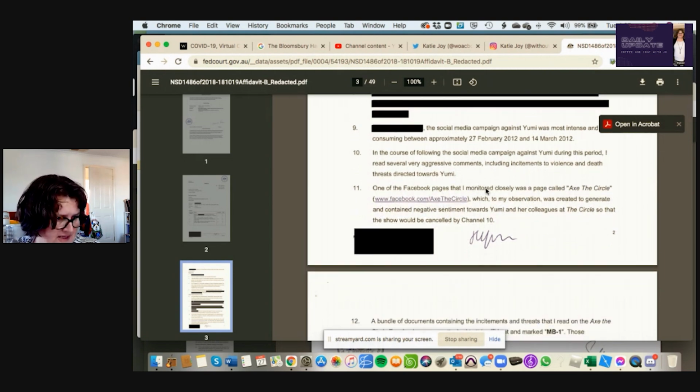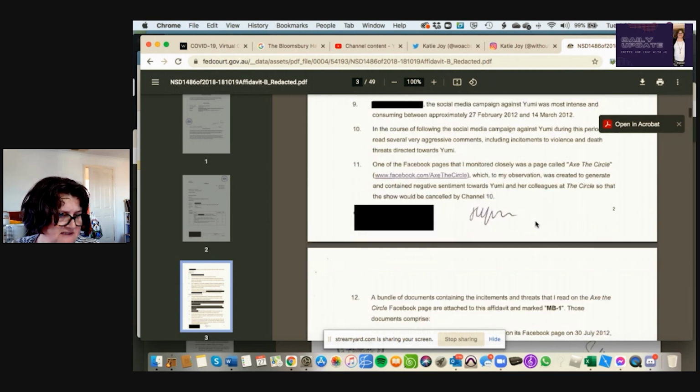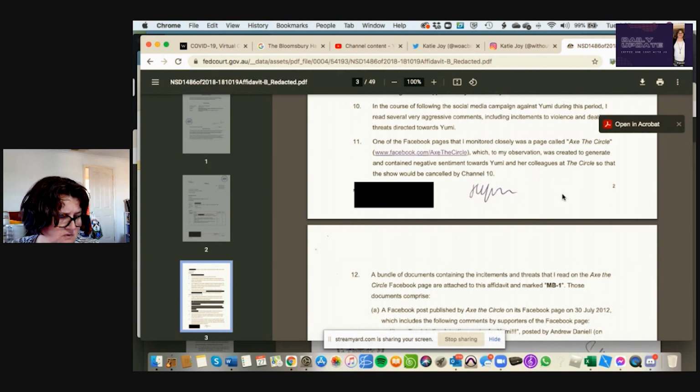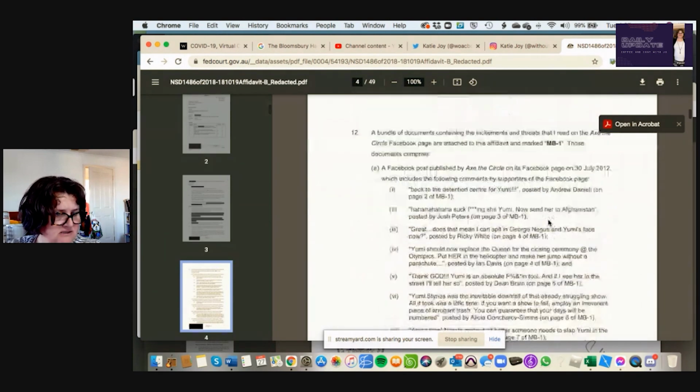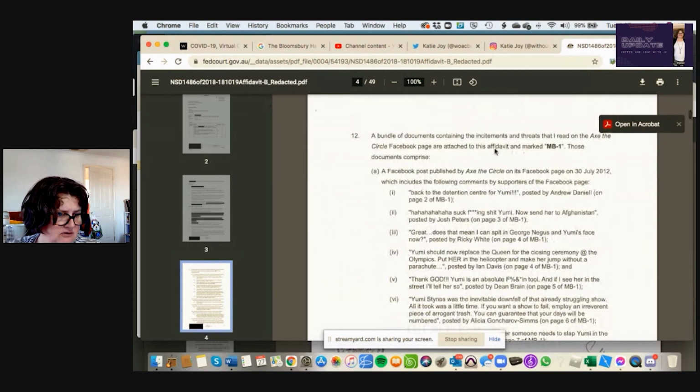One of the Facebook pages that I monitored closely was the page The Circle, which my observation was created to generate and contain negative sentiment towards Yumi and her colleagues at The Circle so that the show would be cancelled. A bundle of documents containing the comments and threats that I read on The Circle Facebook page are attached to this affidavit marked MB1.